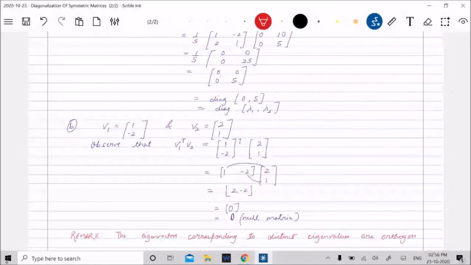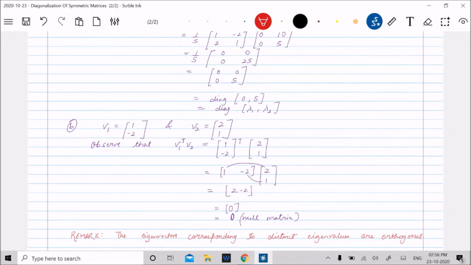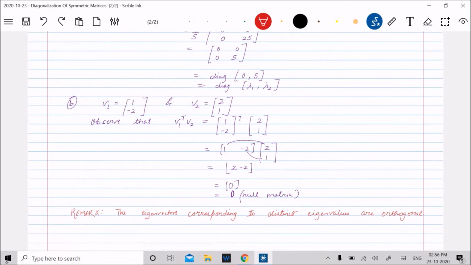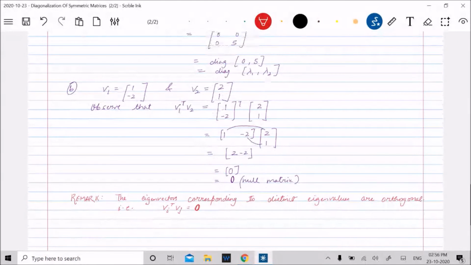This is called orthogonality, right? Whenever you multiply two vectors this way and you get null matrix, they are said to be orthogonal, right? That is, mathematically you can say that Vi transpose Vj gives you null matrix, right? This is a condition for orthogonality, and this is a remark, and this will always hold, right?